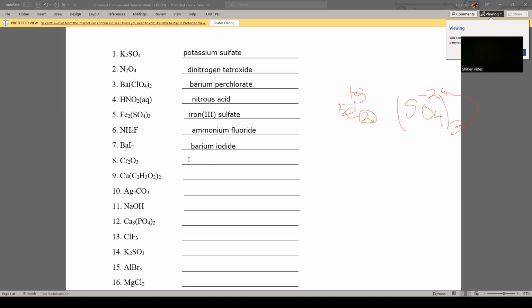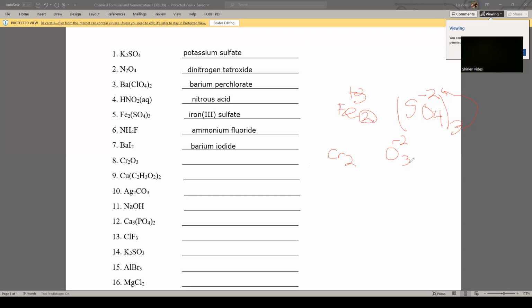Okay, Cr2O3. Again, another ion that could be anything. So let's decompose it. We know that chromium, we don't really have a clue of what it could be. So what we're going to do is write it separately. I'm going to write Cr2, because this could have been simplified, and this is why it's good practice to do what I do, and write the O3 by itself. And O3, O is always a -2.